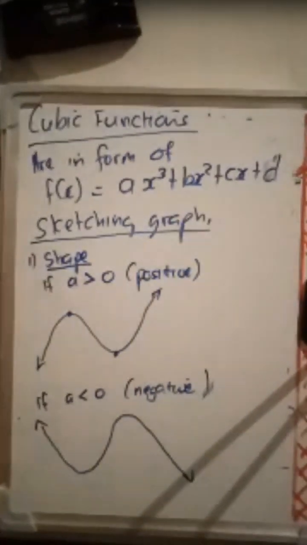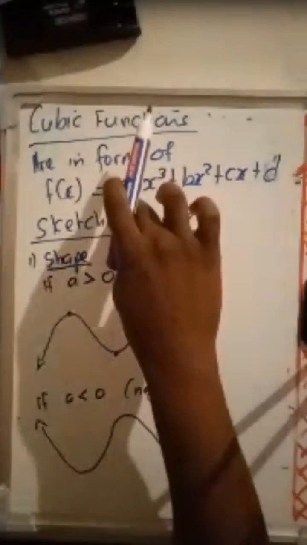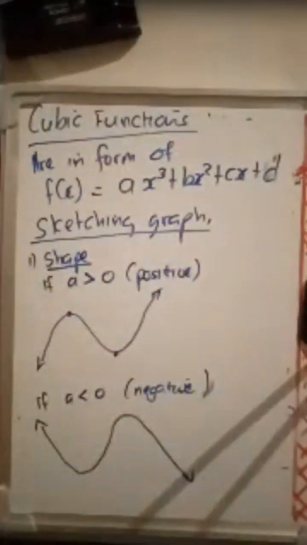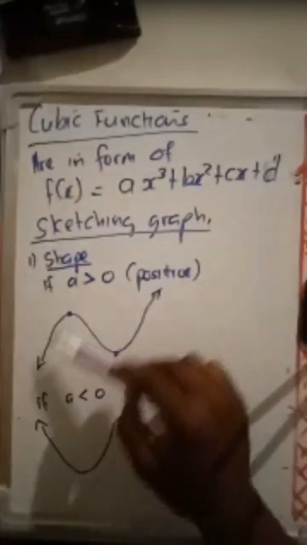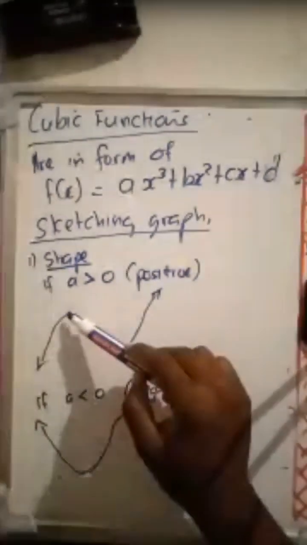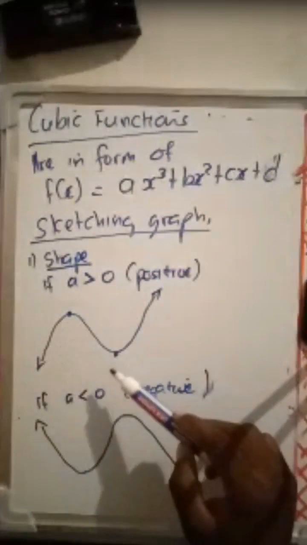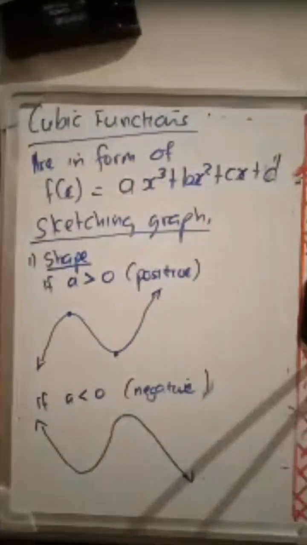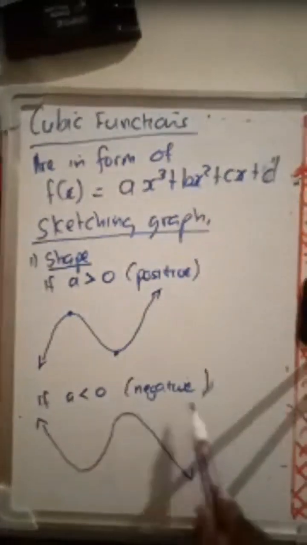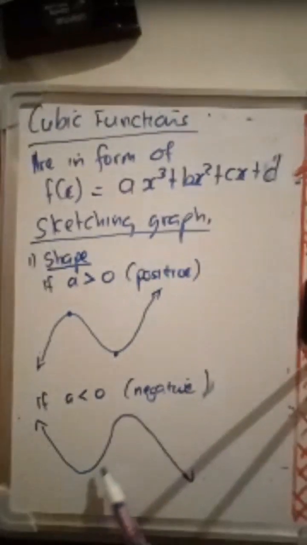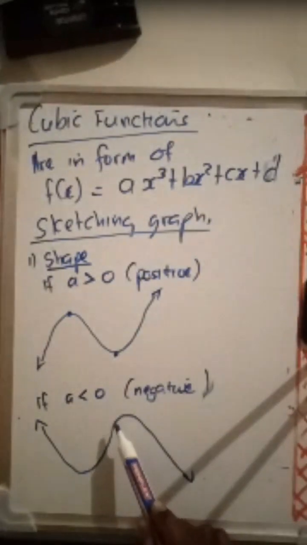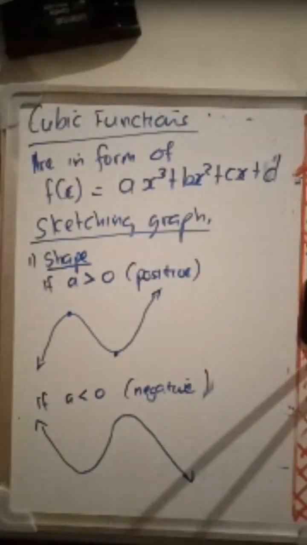So just to know that the shape, it's easy, right? a is the coefficient of x cubed. If it is positive, then the graph starts as an increasing function, meaning the first gradient is going to be positive, then it reaches a turning point, becomes negative, but it ends with positive gradient. If a is negative, the gradient starts as negative, then it turns and becomes increasing, which is positive, then it turns and ends as negative.